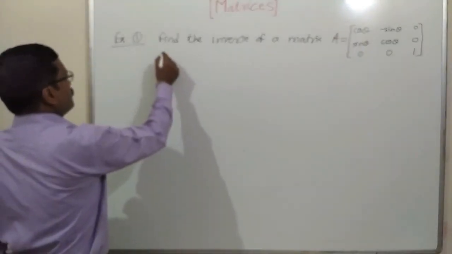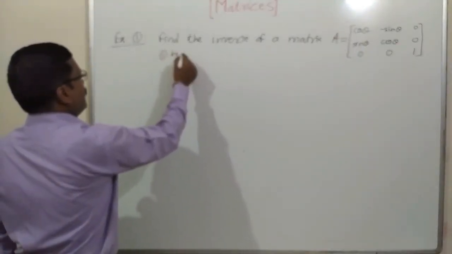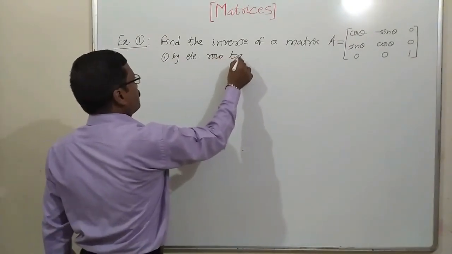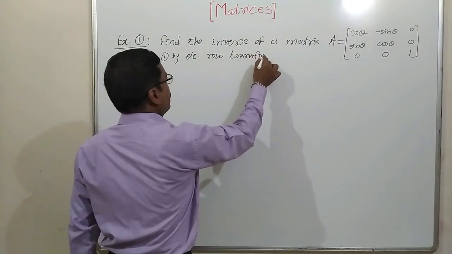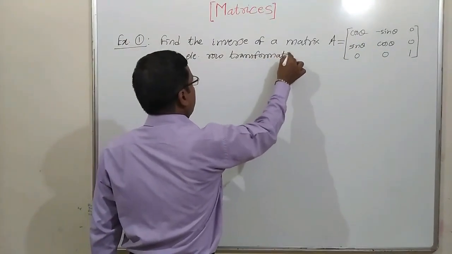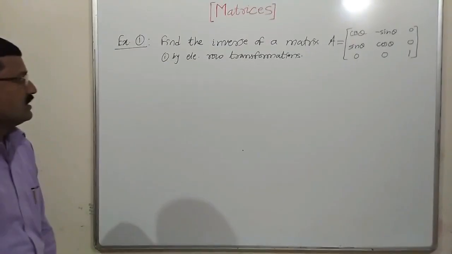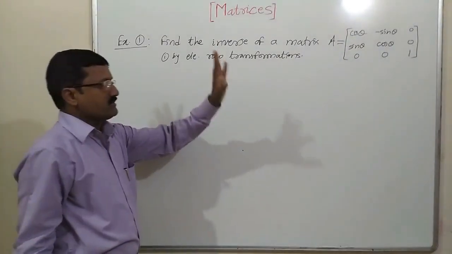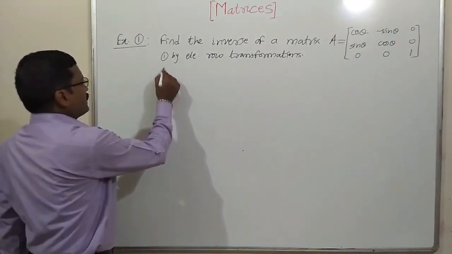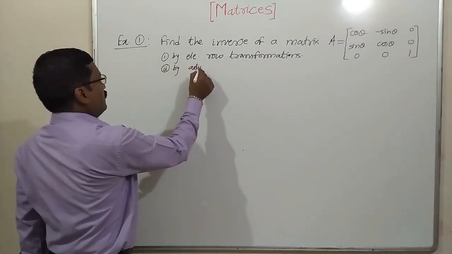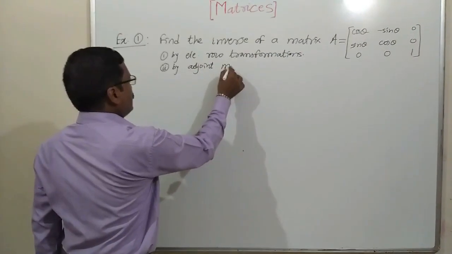First, by elementary row transformations, and we have to follow the similar column transformations also, and second one by adjoint method.